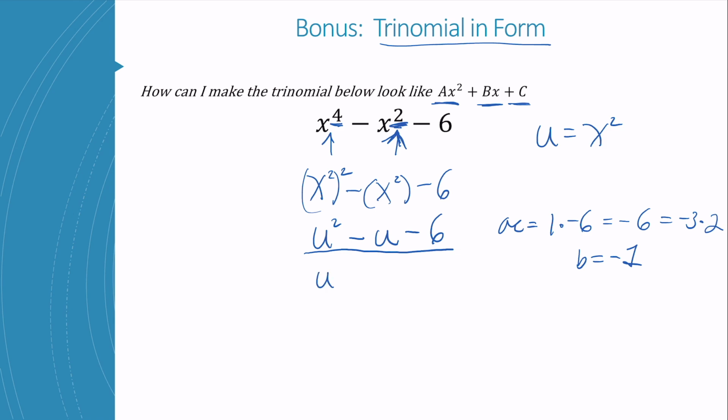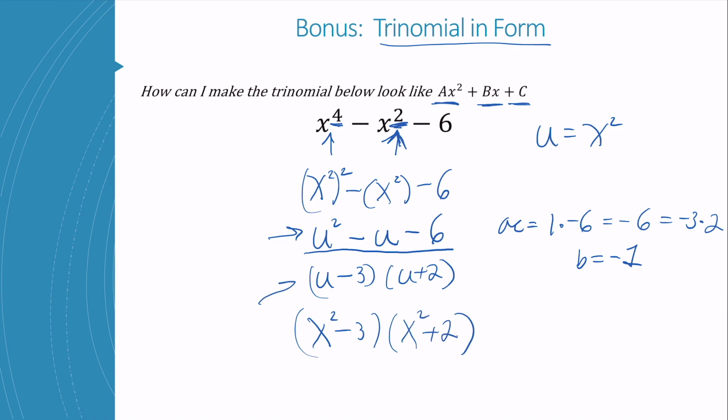So I can write this as u minus 3 times u plus 2. I can use that shortcut because our a term is 1. And then I can factor this like this. I could write this as x squared minus 3 times x squared plus 2. I didn't really need to do the u substitution. So then this next example I won't. I could have just left it as x squared, and we would have been able to solve this as well.